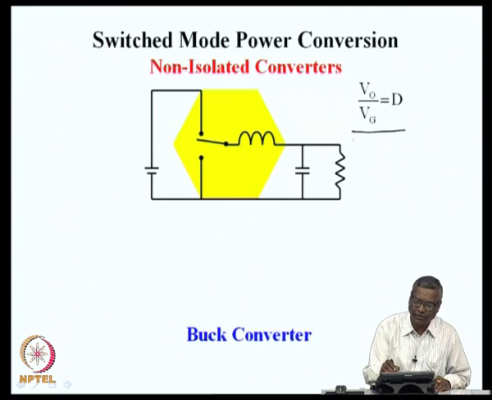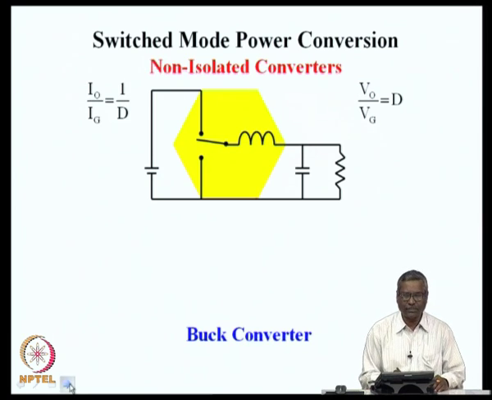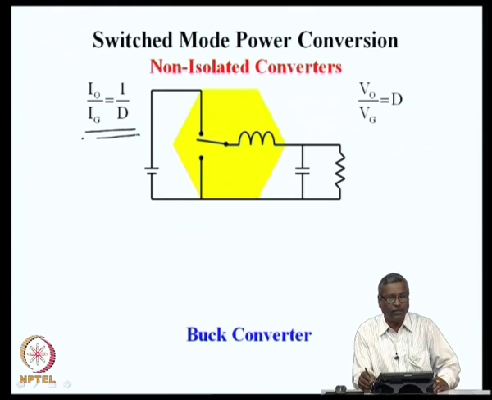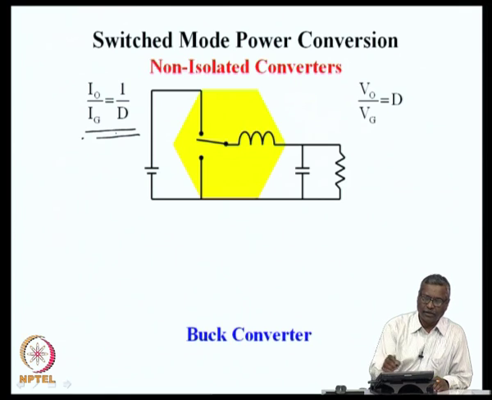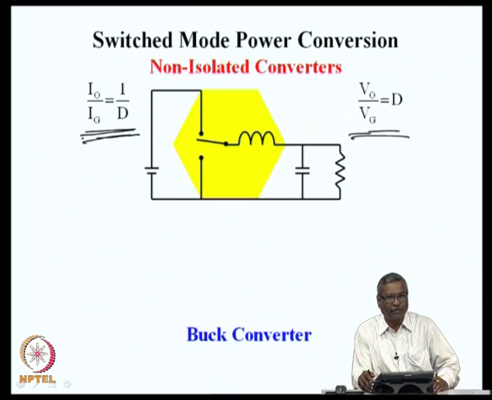It has a voltage conversion ratio V0 by Vg indicated by D, and it has a current conversion ratio, that is the ratio of the output current I0 divided by the input current Ig, as 1 over D. And we also saw that the product of these two numbers, V0 by Vg and I0 by Ig, is the efficiency of the power converter, V0 I0 by Vg Ig, and because these ratios are inverse of each other, the power conversion efficiency in the buck converter or the ideal power converter is unity.